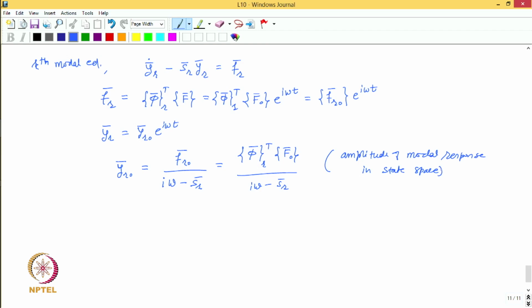By substituting r equal to 1, 2, 3 up to 2n, we can find the corresponding modal responses.